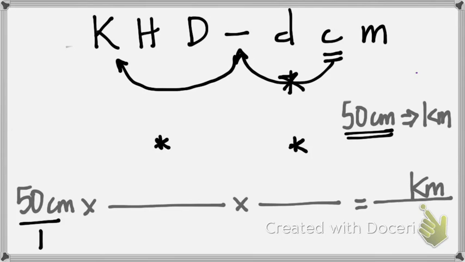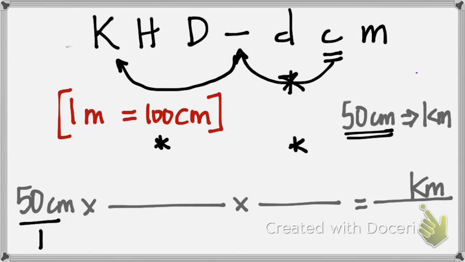So then I look at it and I say, okay, what kind of relationship is there? If I'm dealing with meters and centimeters, if 1 meter is related to a centimeter, in what manner is it related? Well, 1 meter equals 100 centimeters. I'm going to use that equality statement and place it in my equation.